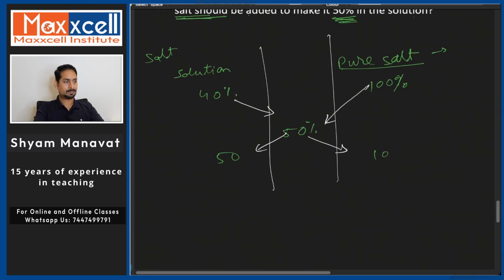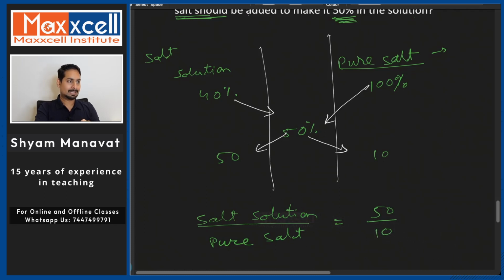So what is the ratio of salt solution to the pure salt which we are mixing to get 50%? If the salt solution is 50, we have to take pure salt as 10. I hope you're getting this. The difference always gets you the ratio of quantity.